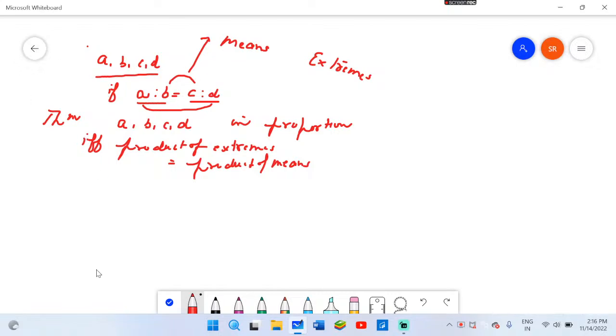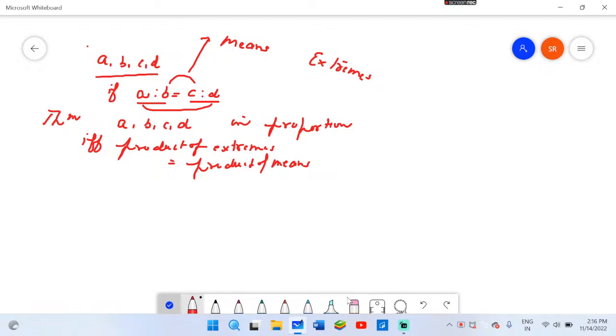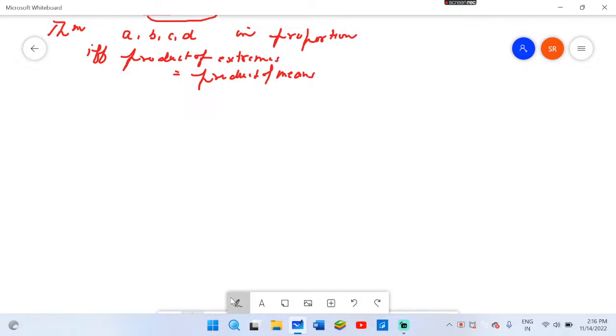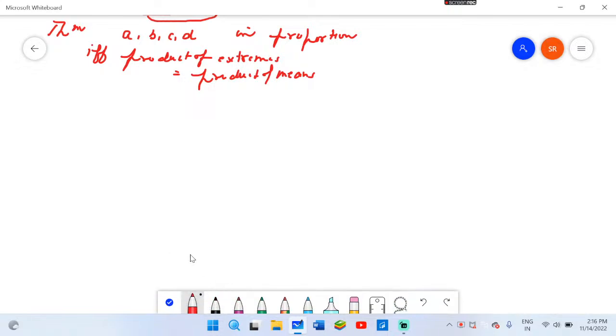So we have A, B, C, D are in proportion.